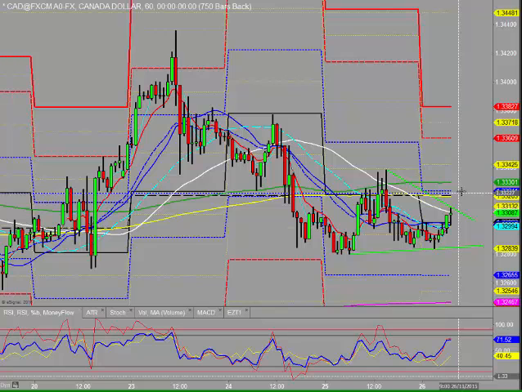Looks like it wants its S1 almost the way it's running up at the moment, but maybe a break of this 50 MA, which was tested yesterday. If it does break through that, well, then maybe it'll run up to S1, yesterday's high sort of region. If we see it selling off or moving up, well, I'll be looking for a break of these lows, probably back down towards that S1 zone.